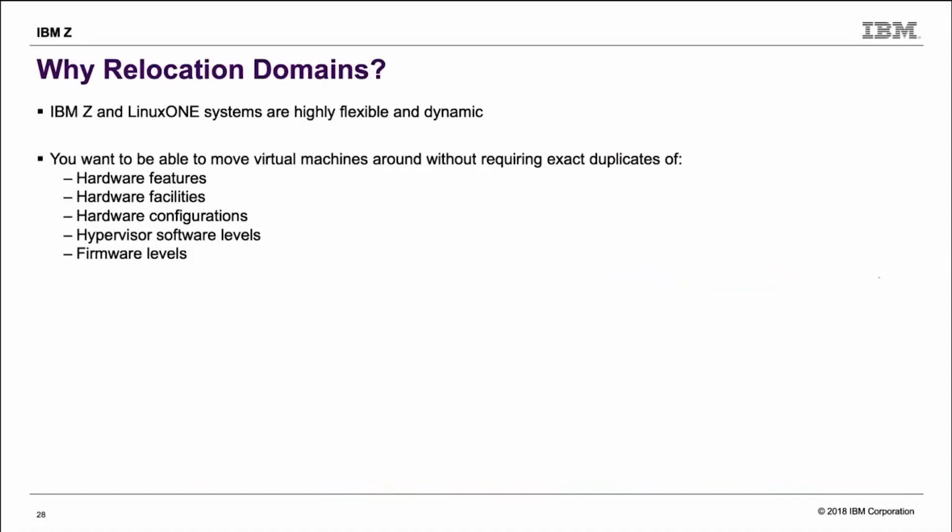IBM Z systems are highly flexible and dynamic. Now, one of the things that we talked about is that each system in an SSI cluster is a combination of a hopefully supported hardware and software level, right? And so each member may potentially have a different set of capabilities from that hardware and software perspective.